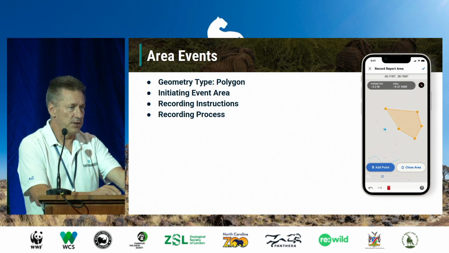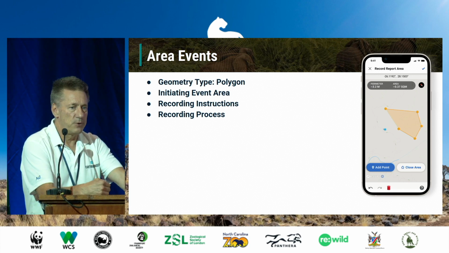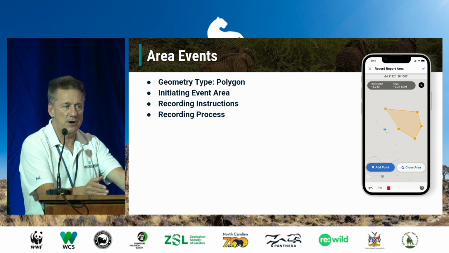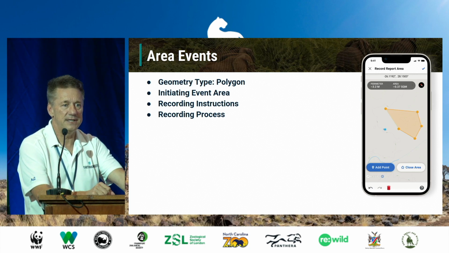So we've got that in EarthRanger on the mobile app. So what you would typically do is, if you are measuring whether it's a crop that has been damaged by animal intervention, you could walk around that and it'll capture the perimeter and the area, plus the coordinates, obviously, and that would then be uploaded into EarthRanger.